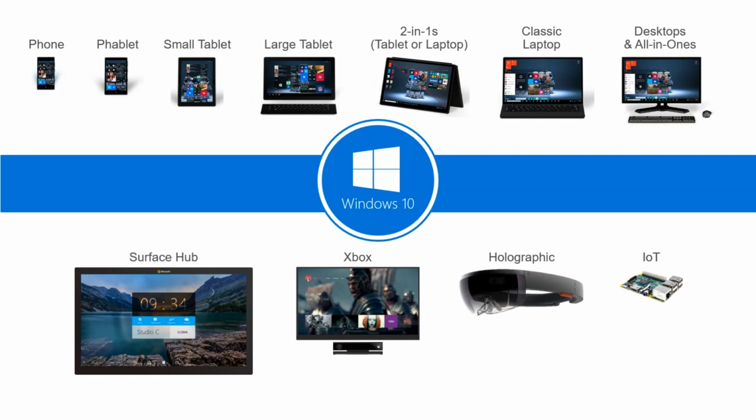Of course, you have your classic laptops, like the workstations that you can think of, and then Surface Hub is, I believe, a 70-inch or a 110-inch huge monitor that you get, and that's called a Surface Hub, which is usually used in big corporations for team collaborations, all those things. And of course you have Xbox One and the newest things like holographic headsets and then IoT. So this is all running on Windows 10.